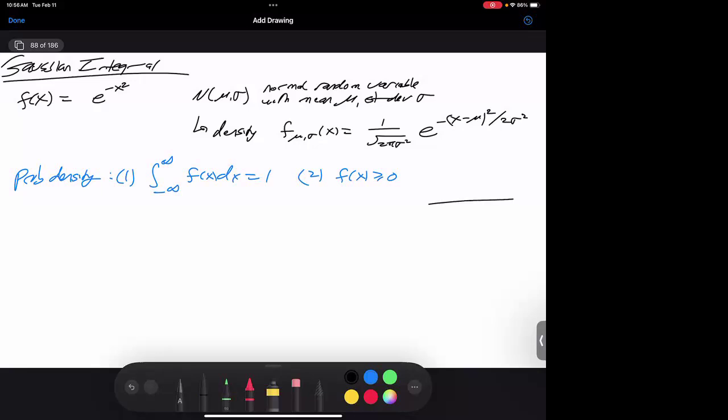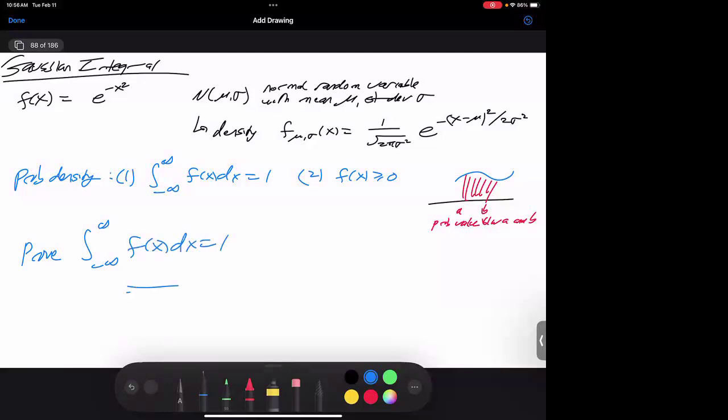And then if I look at the area under the curve from A to B, this is the probability we get a value between A and B. What we're going to do is prove the integral from minus infinity to infinity of f of x dx equals 1. And once you have that, it's not too bad to show that the integral of f mu sigma of x dx equals 1. This is just by changing variables.